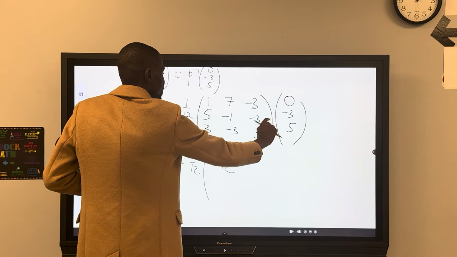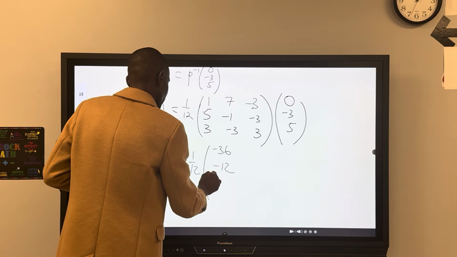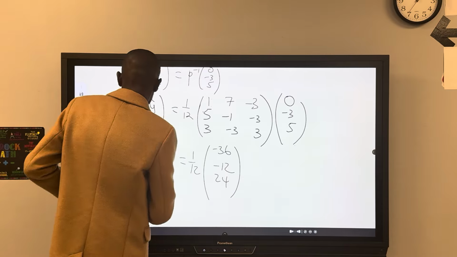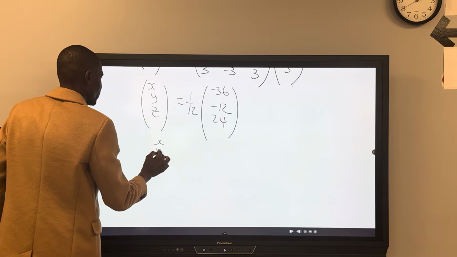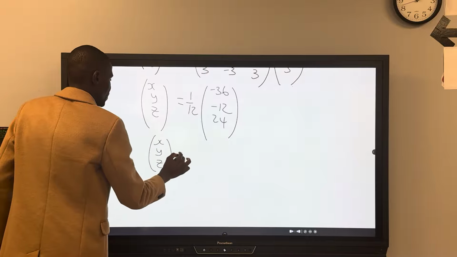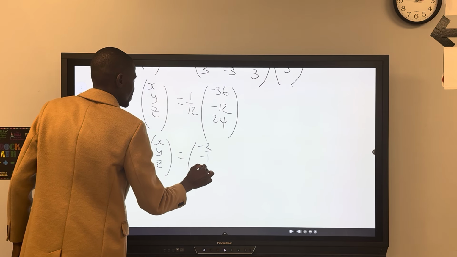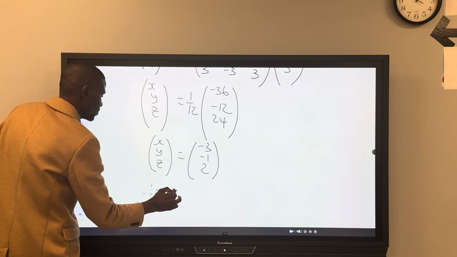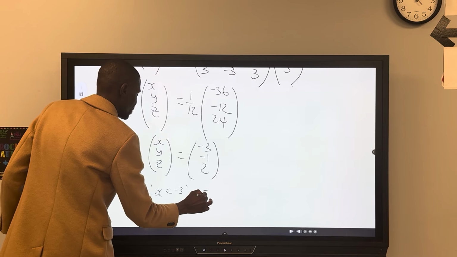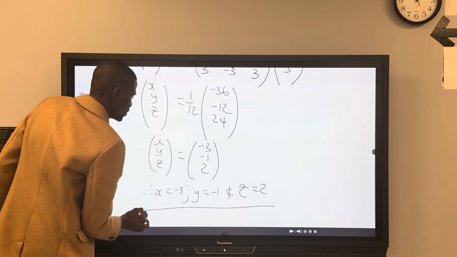Then this is 9 plus 15, should be 24. So we divide that by 12. We get -3, we get -1, we get 2. Therefore, x is equal to -3, y equal to -1, and z equal to 2.